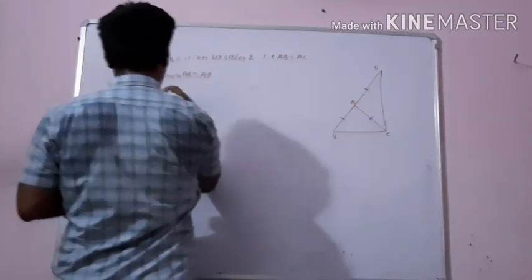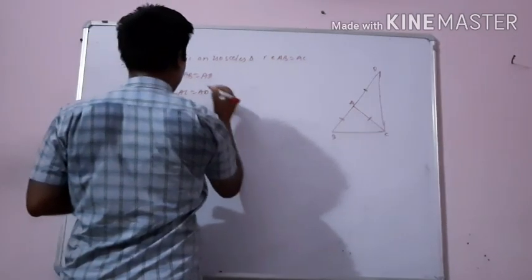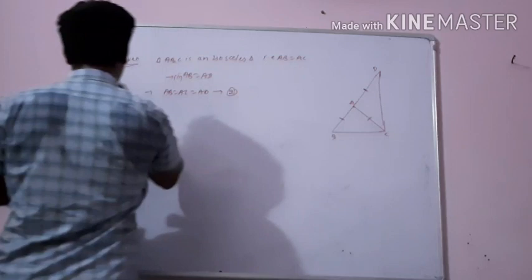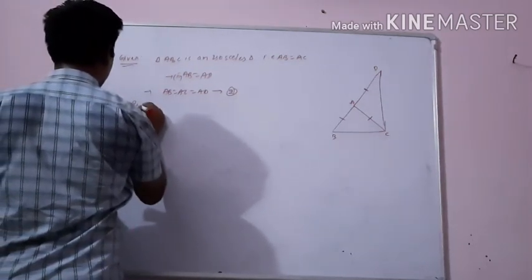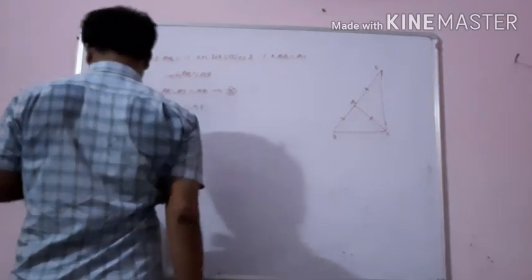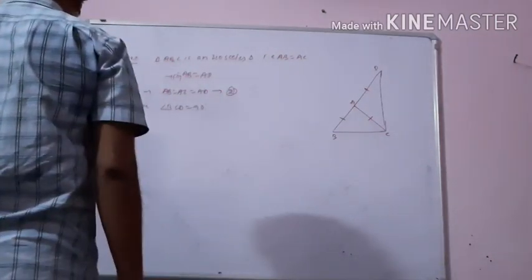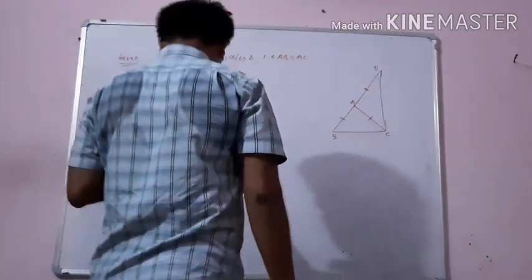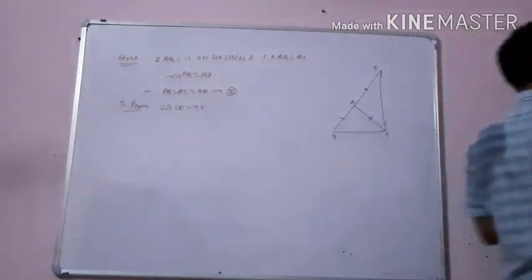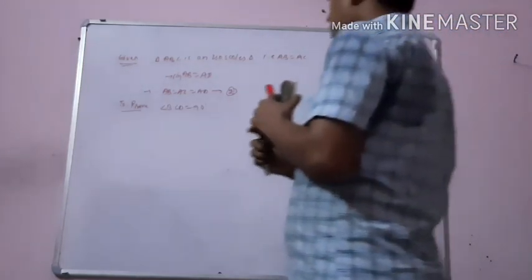So from here we can conclude that AB equals AC equals AD. This is true. Now to prove, what is to prove? Angle BCD equals 90 degrees. Now see how we will prove. First of all, in the proof, see triangle ABC.